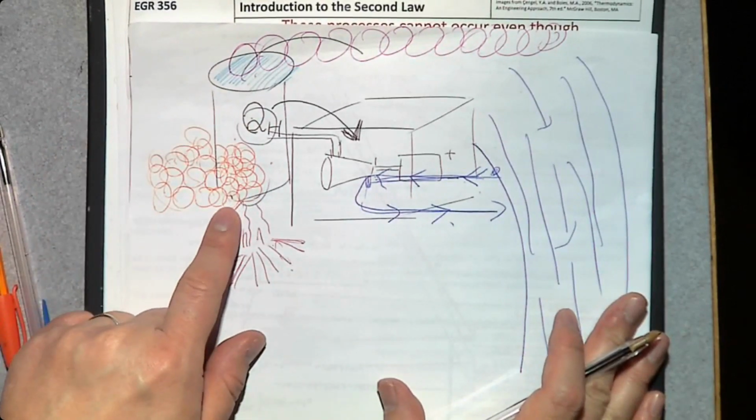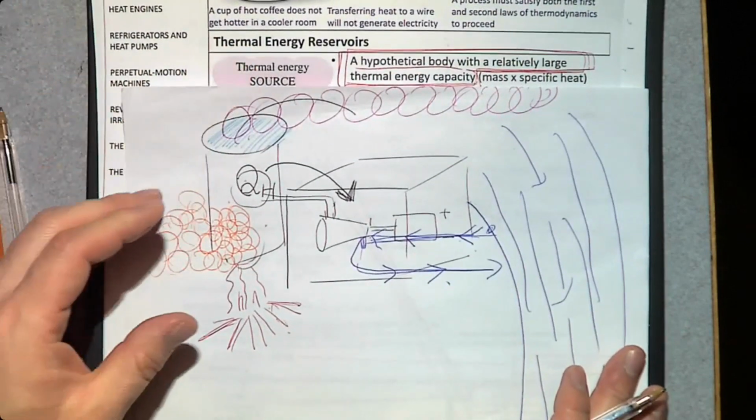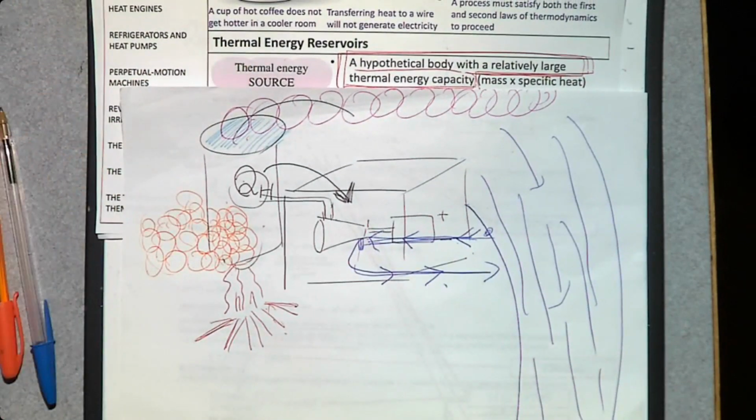That is an example of a thermal energy reservoir. So we have plenty of the fuel. So even though we burn a lot of them, we still have plenty left over. So we can continue providing them without any intermittency. That is a thermal energy reservoir.